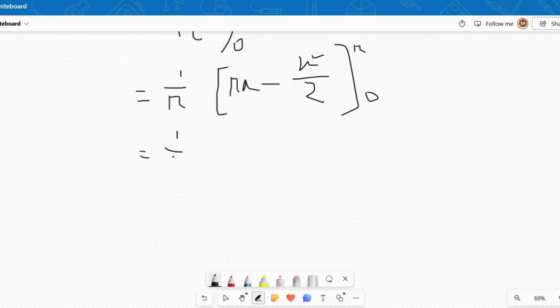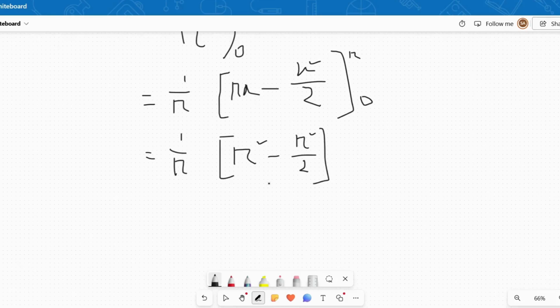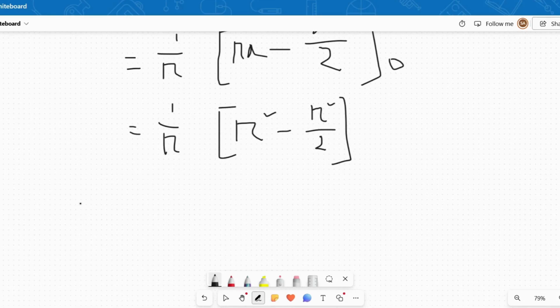So 1 by pi, pi square minus pi square by 2, then the result will be pi by 2. This is our value of a naught.